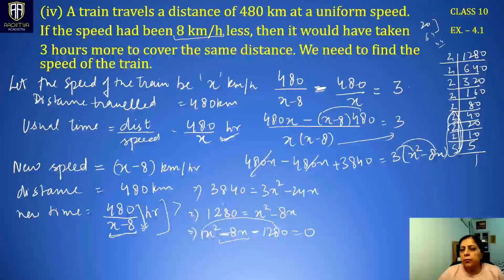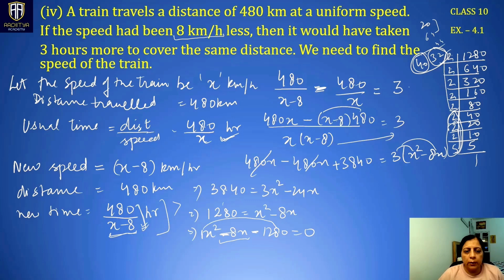This is 2 times 2 times 2, 8 times 5 is 40, and the other factor is 5 2s, that means 32. So yes, their difference is 8, right? This is the way we find factors. 40 and 32 when multiplied give you minus 1280.